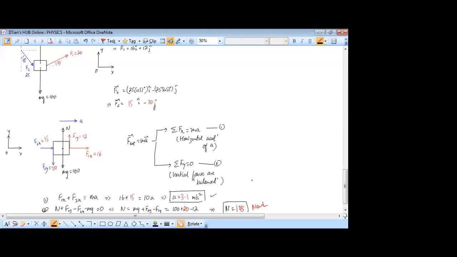F2y is negative, so it is negative. That's why, when we have written it in component form, it's coming with minus 20.